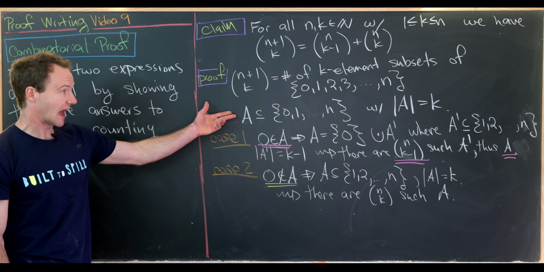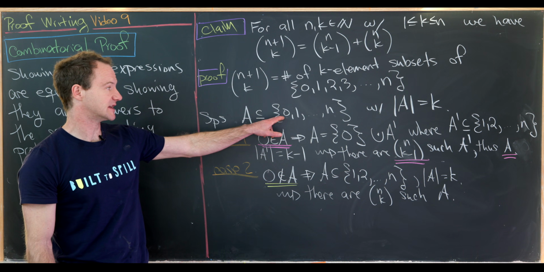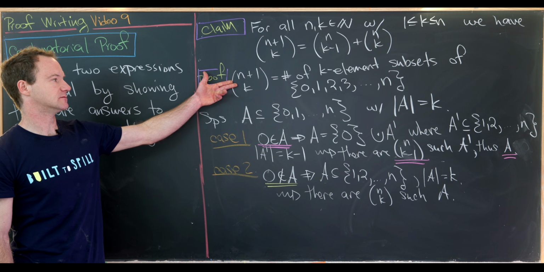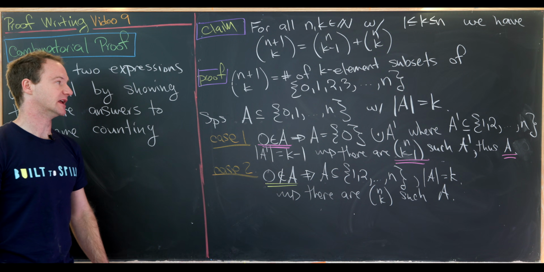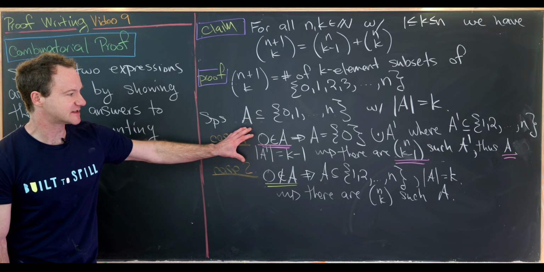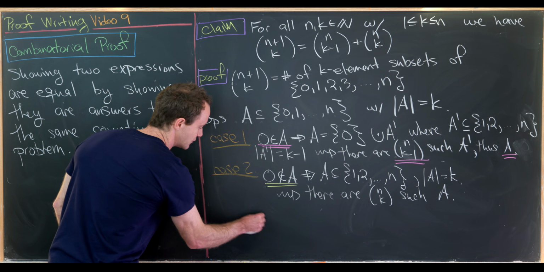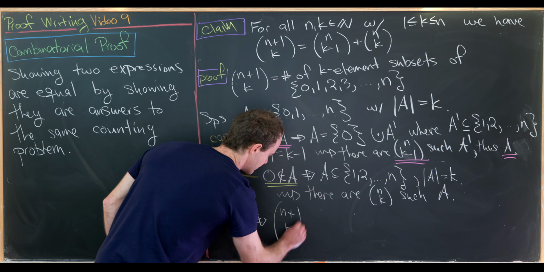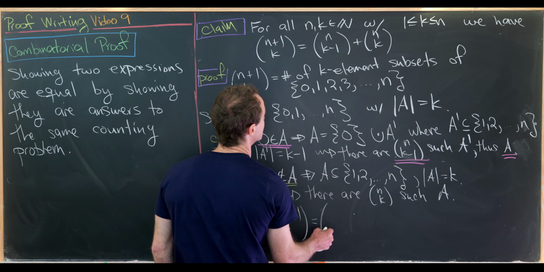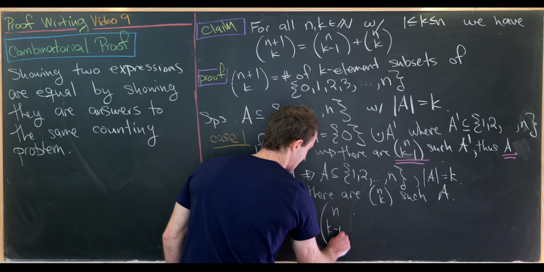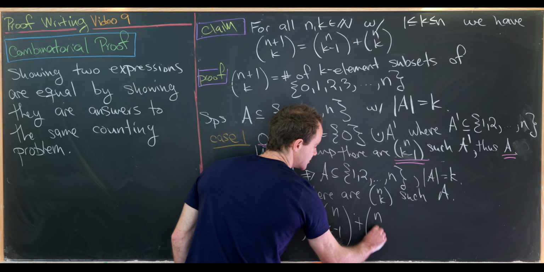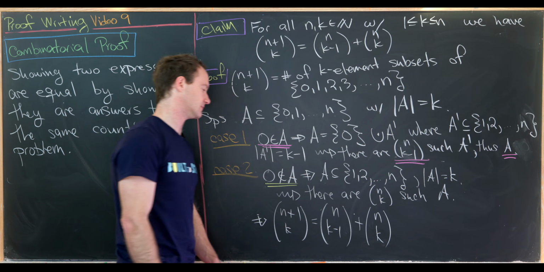So we've counted the number of k-element subsets of this a different way. So by definition, it's equal to n plus 1 choose k, but by this other counting procedure, it's equal to the sum of these two. So putting this all together, we have n plus 1 choose k is equal to n choose k minus 1 from case 1 plus n choose k from case 2.